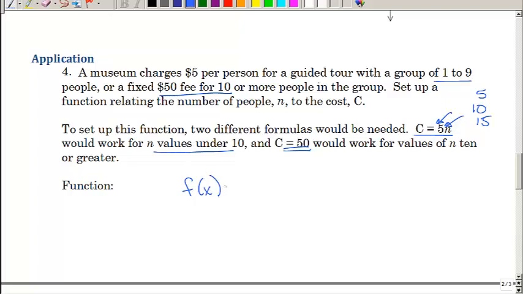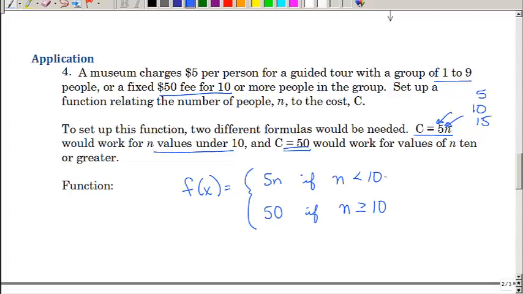So we could write it as f of x equals 5n, but the domain would be if n is less than 10. That means the cost for up to 9 people, you multiply however many people you have times $5. But you'd have a fixed cost of $50 if n is greater than or equal to 10.